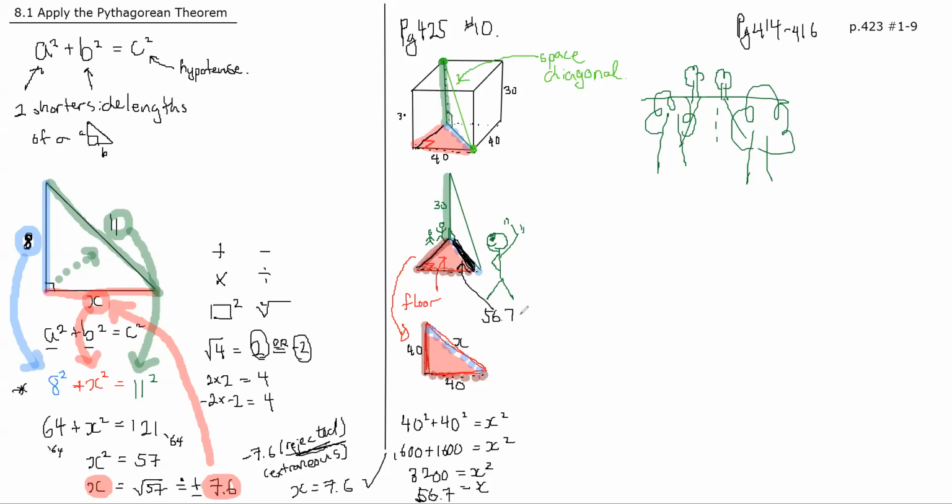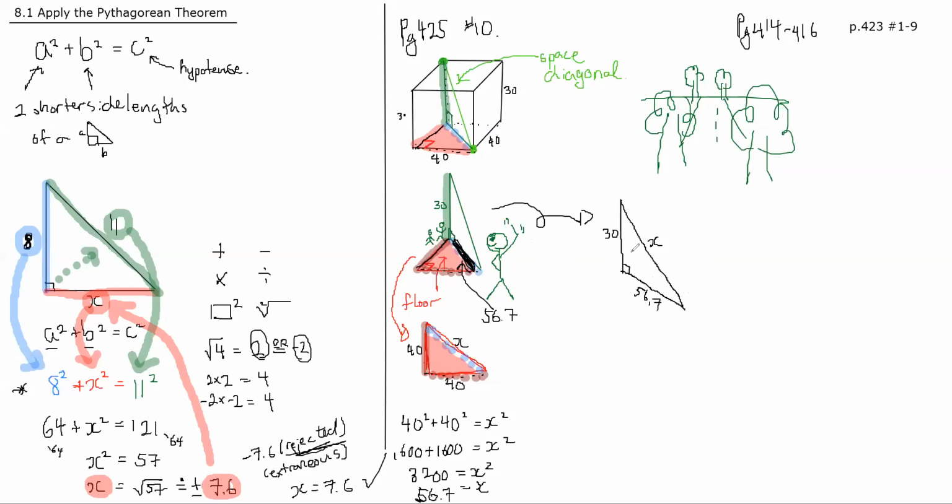Something happened to my cursor. 56.7. So let me redraw this. That's 30. That will be 30. That will be the base diagonal, and this would be the space diagonal. That would be 56.7, right angle triangle.